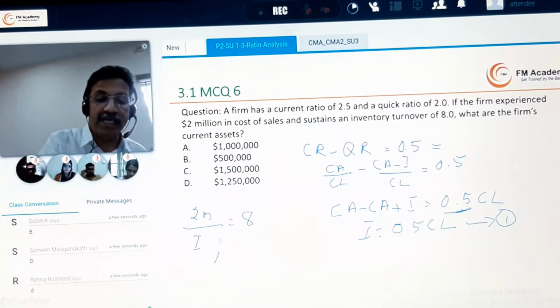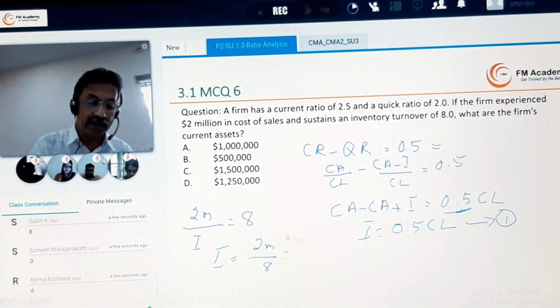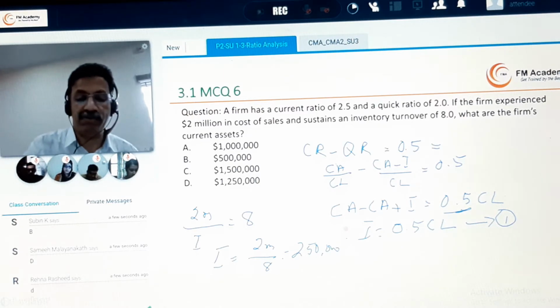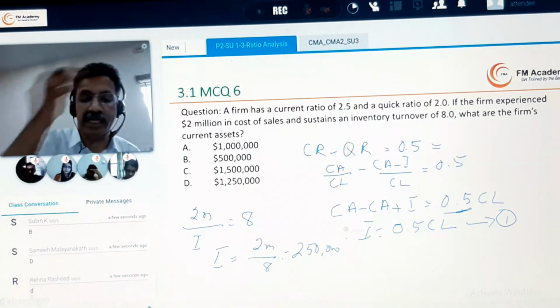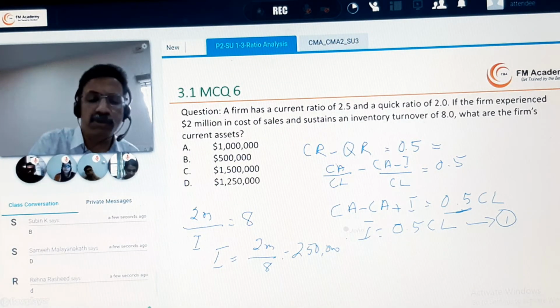So inventory is 2 million divided by 8. Take your calculator. 2 million divided by 8 is 250,000. That is the inventory. Because of lack of information, average inventory can be taken as period-end inventory. That is a common assumption we all make.